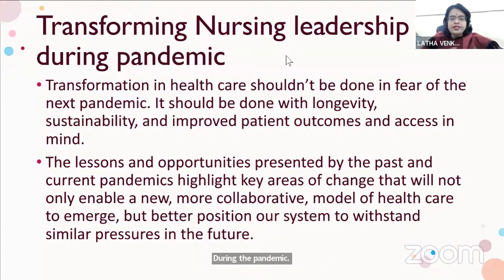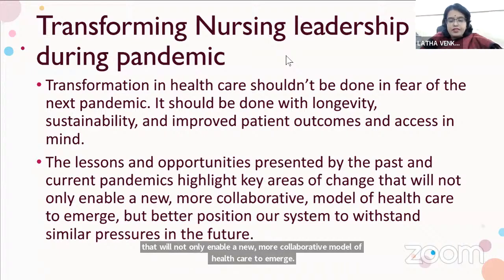And transformation in healthcare shouldn't be done in the fear of the next pandemic. It should be done with longevity, sustainability, and improved patient outcomes and access in mind. The lessons and opportunities presented by the past and current pandemics highlight the key areas of change that will not only enable a new, more collaborative model of healthcare to emerge, but better position our system to withstand similar pressures in future.